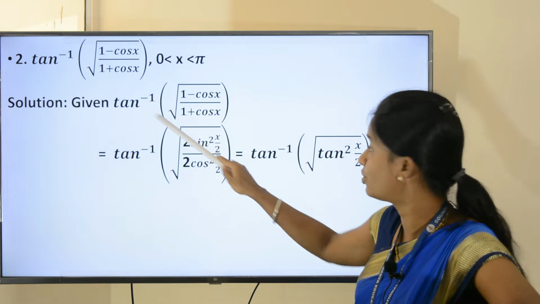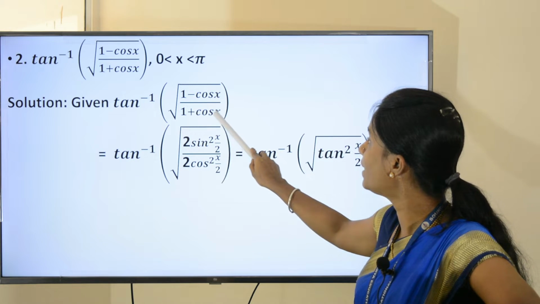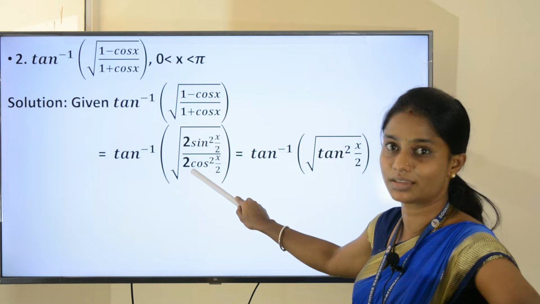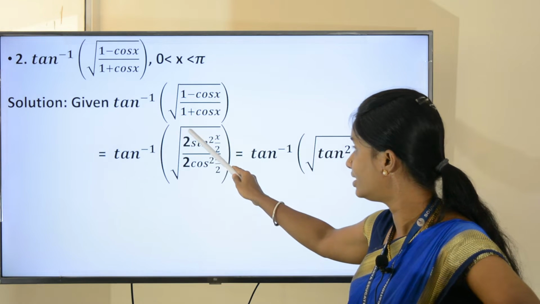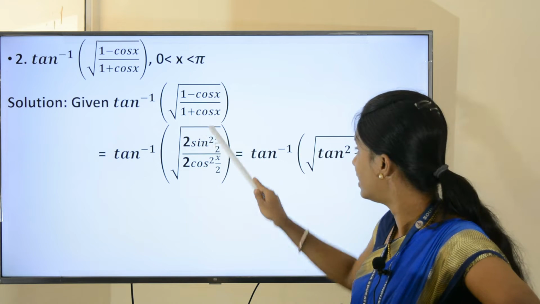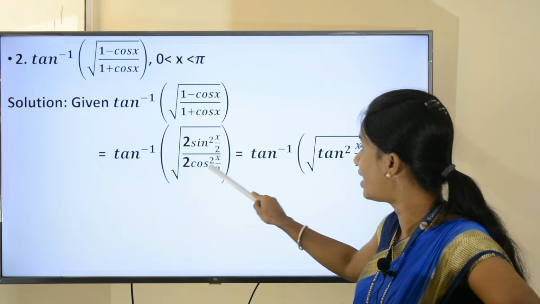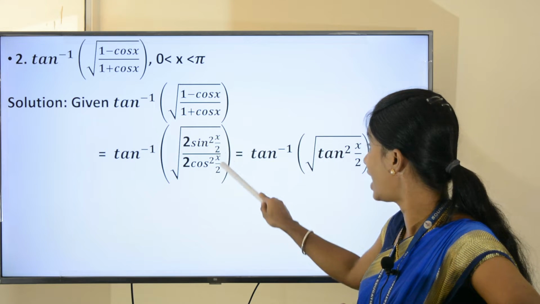First two results only. 2 sin square x by 2 divided by 1 plus cos x can be replaced with 2 cos square x by 2. Please observe, this is a simple calculation only. 2 will get cancelled. Then it will be sin square x by 2 divided by cos square x by 2, which is equal to tan square x by 2.